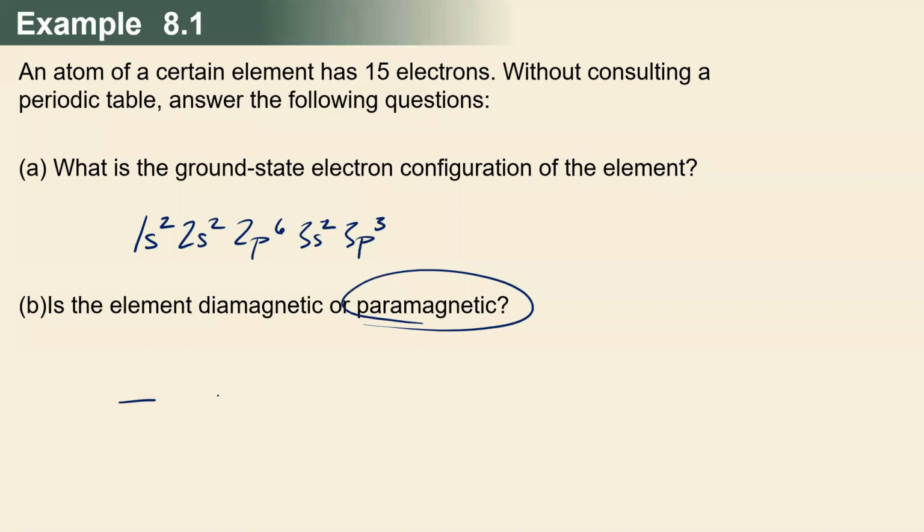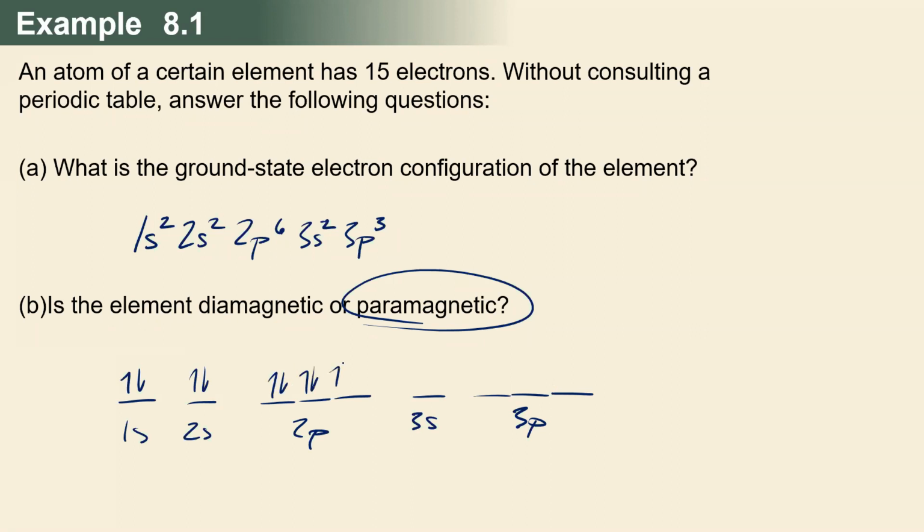If we really wanted to write it out, we could. 1s, 2s, 2p, 3s, 3p, up and down and up and down and up, up, down, down, down. That's 10, 11, 12, 13, 14, 15. So we're paramagnetic with 3 unpaired electrons. But again, we knew that because the p subshell wasn't filled.